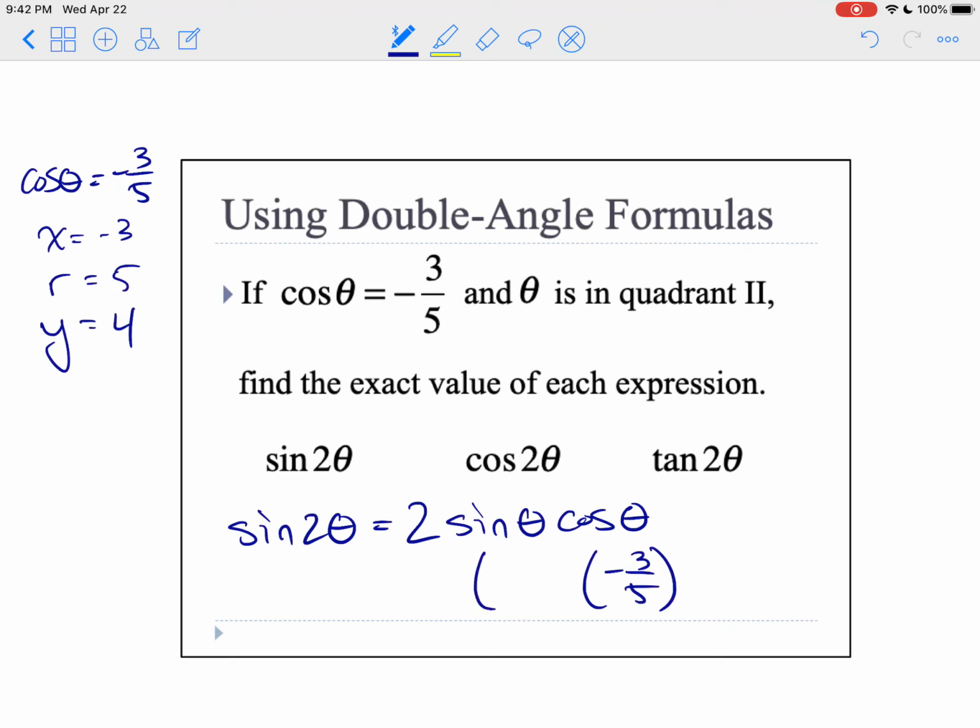So that means that sine of theta is equal to 4/5. And when I multiply by 2, I end up with -24/25. So that's sine of 2 theta.